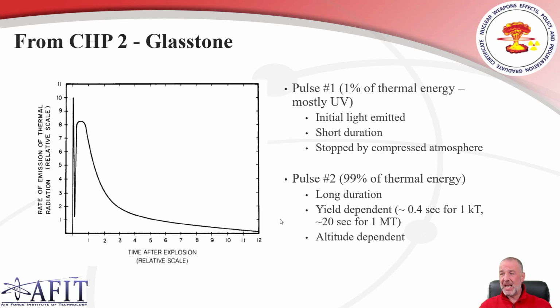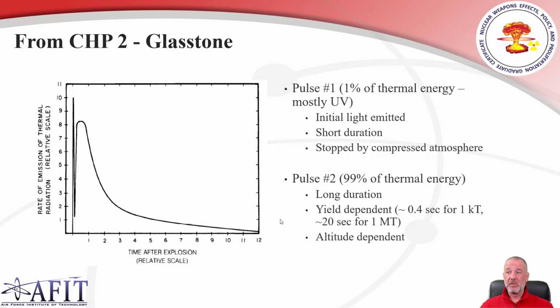And then, of course, the second pulse carries away 99% of the thermal energy, and it's a much longer duration. This duration is dependent upon the yield, as I explained in the last lesson. If we have a small yield, it happens very quickly, about half a second.